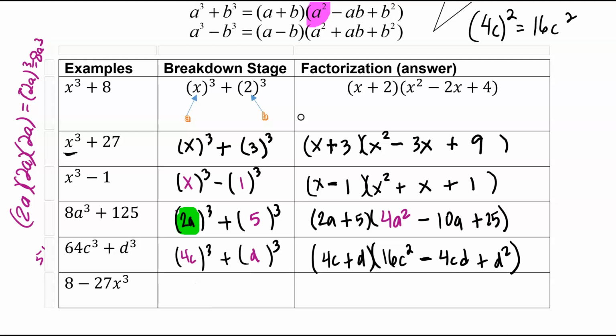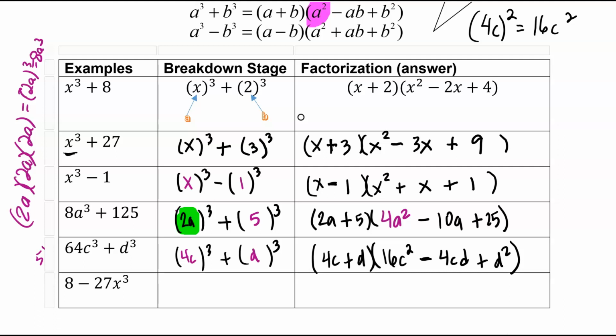Moving on to the last one, we have 8 minus 27x cubed. Notice that it's backwards, but it's okay. We can follow the formula just fine with it being backwards.